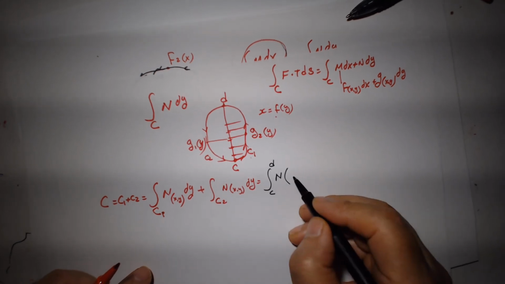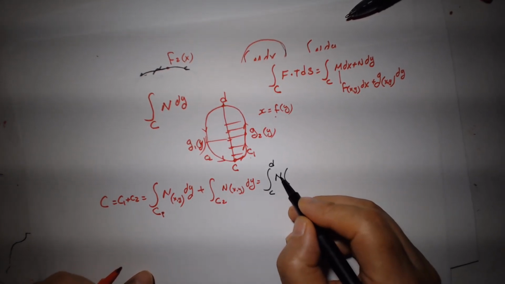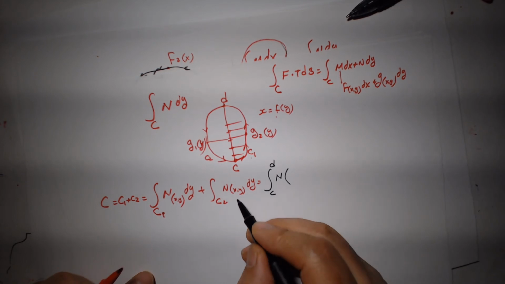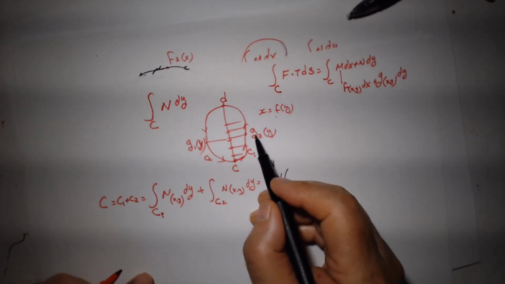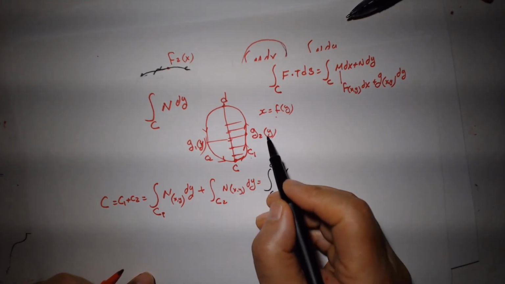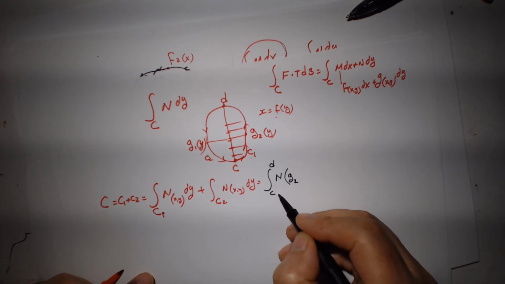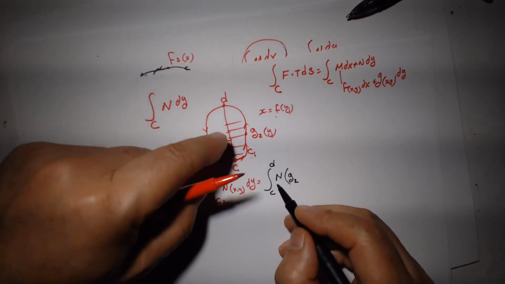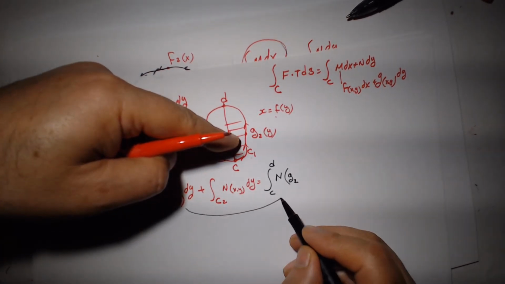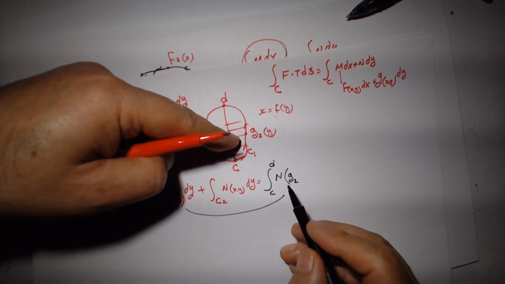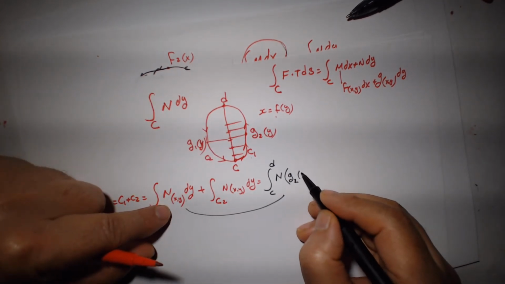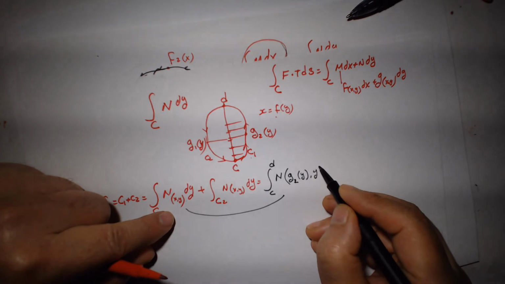In here, remember, n is a function of x and y, but in here your y is fixed and your x changes. Therefore, in here I'm going to write G2. That's for the C to D, that's for the C1. Instead of x and y, x is G2 of y, but y is fixed.